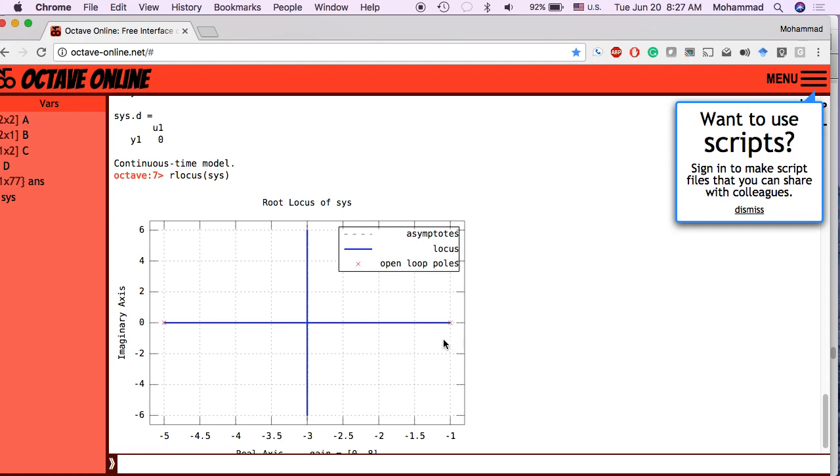So this locus shows you, as you change, if you have MATLAB open, please go ahead and click on it and drag this around. So I'm going to explain through the online version. So as you increase controller gain, the two poles will start moving. So the one that is located at -1 is going to move to the left.